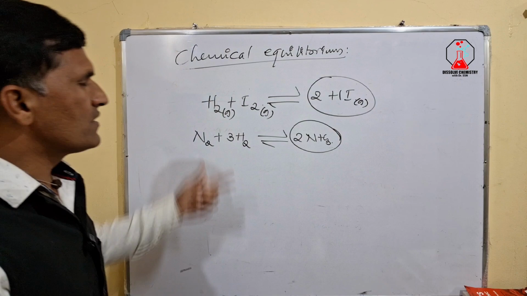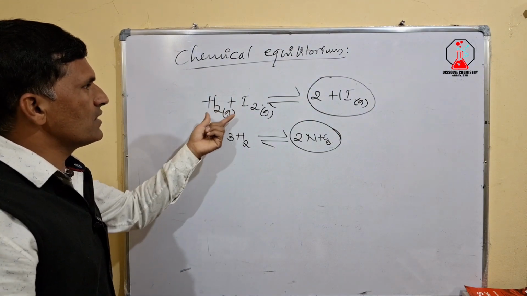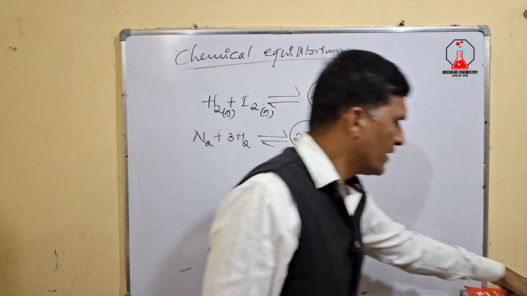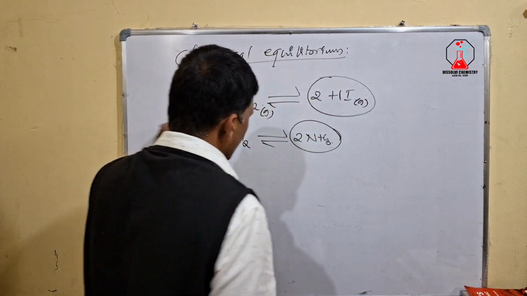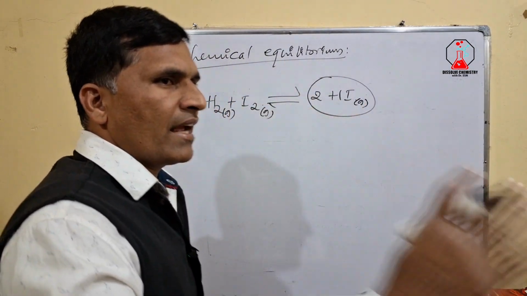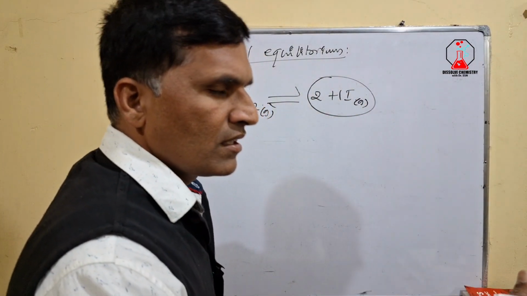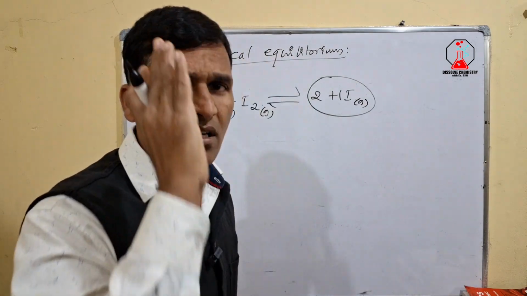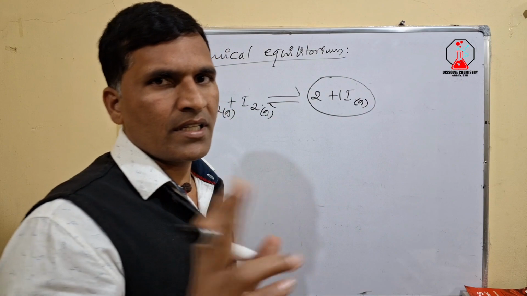Okay, so then we will see that one. Say for example, we will consider this combination of H2 plus I2 to give 2HI. Okay, so let us try to understand this graphically. Try to remember that either you start the reaction with the reactants or with the products, the equilibrium concentration of the reactants and product will always be constant under a given set of conditions.